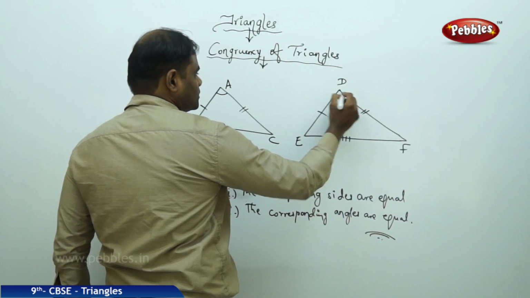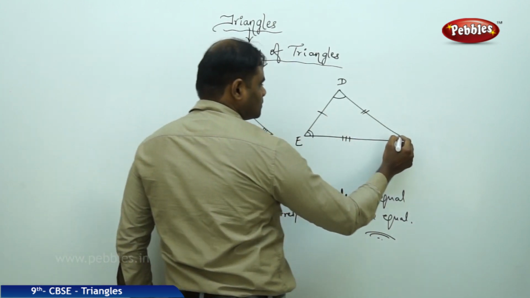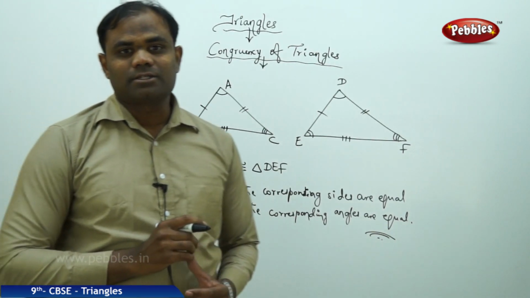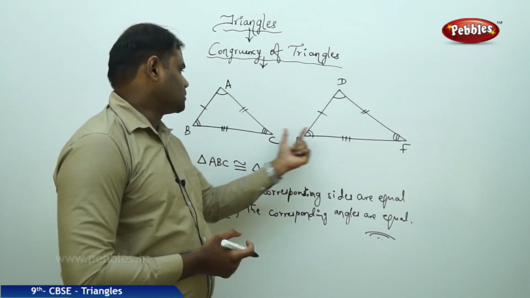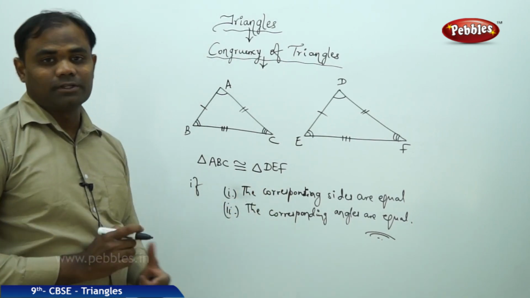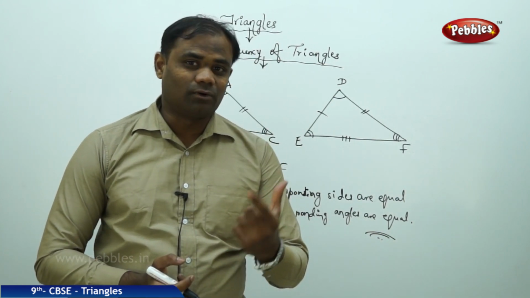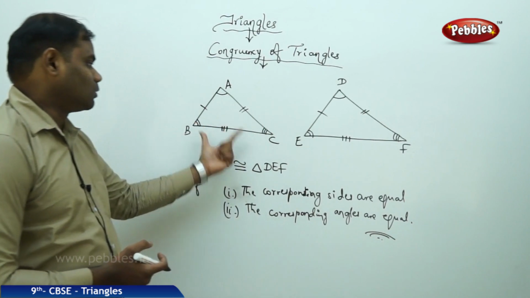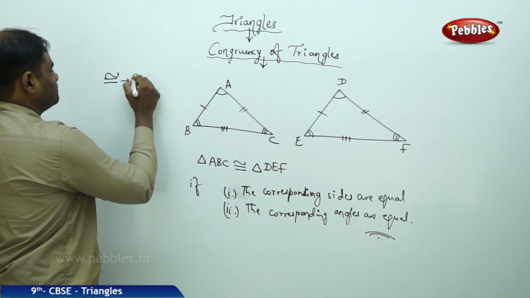Angle A equals angle D, angle B equals angle E, angle C equals angle F. This is how we understand the corresponding angles of the two triangles being equal: this equals this, this equals this, and this equals this. So the two triangles are congruent under these two conditions. Congruency of two triangles is based on corresponding sides being equal and corresponding angles being equal. Congruency is defined through the symbol.